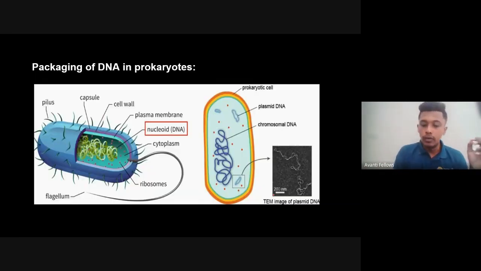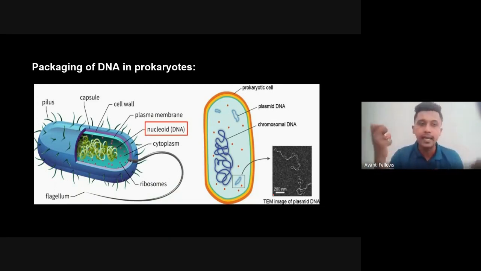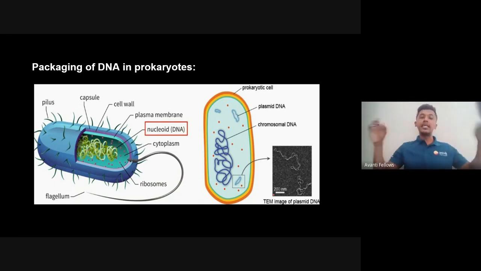Now, when we look at the prokaryotic DNA, usually very little is spoken in your textbook about prokaryotic packing. So understand that DNA has a negative charge. This negatively charged DNA requires a positively charged protein, so that attraction takes place between the positive and the negative bodies, and then the winding of the DNA takes place around them.